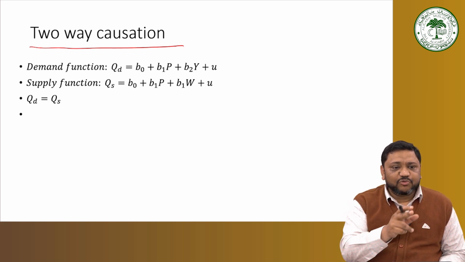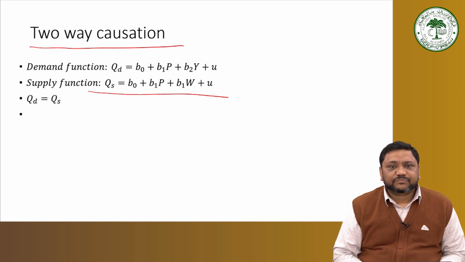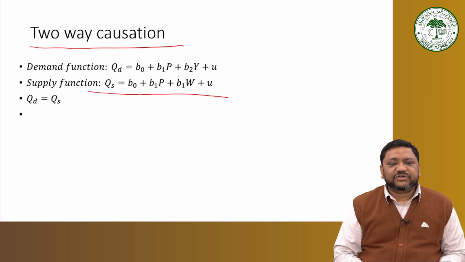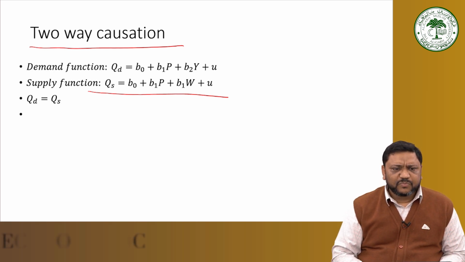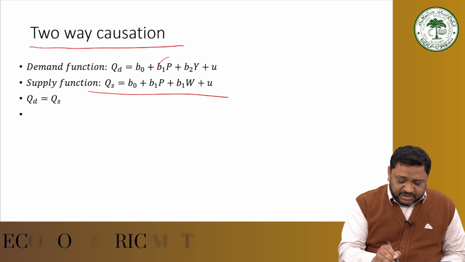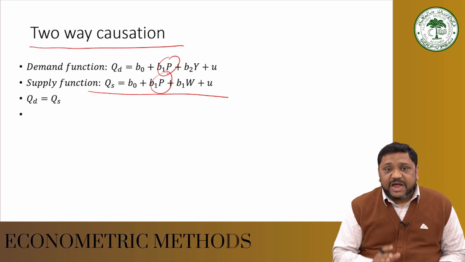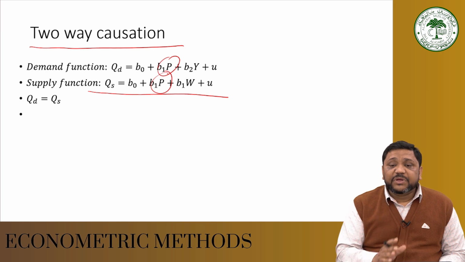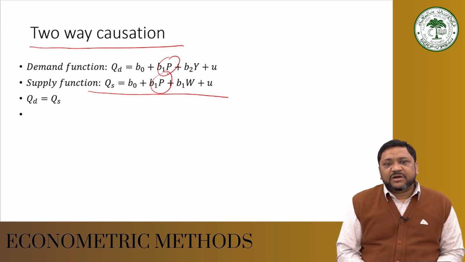And that is the reason we are introducing the supply function also. So quantity supplied is a function of B0 plus B1 P, that is price, and B2 W, we can take it as weather, and U. So P is present over here also. As a matter of fact, demand and supply determine the equilibrium price, and price in turn determines the equilibrium quantity demanded and quantity supplied.